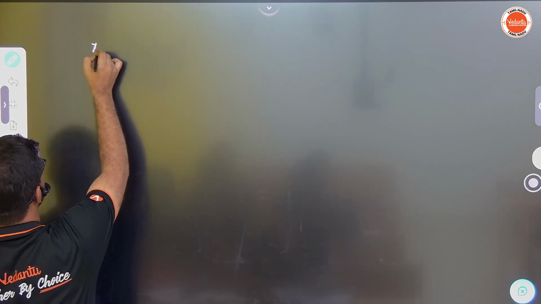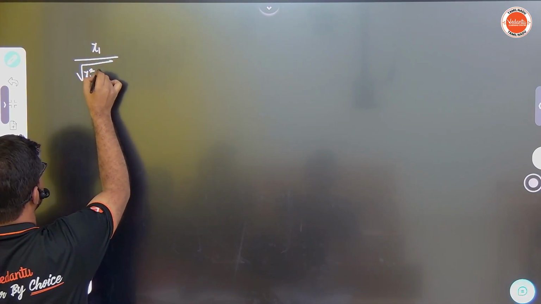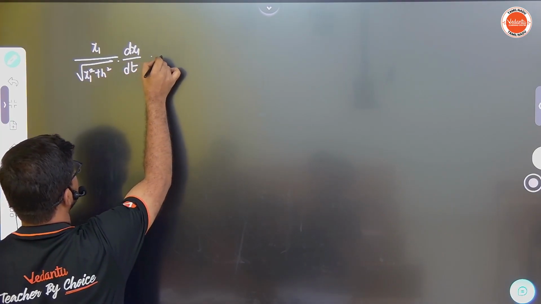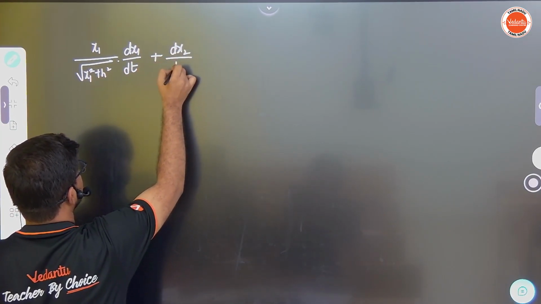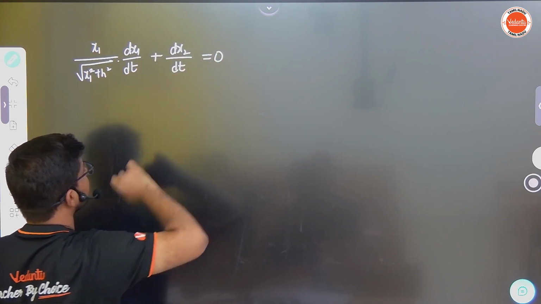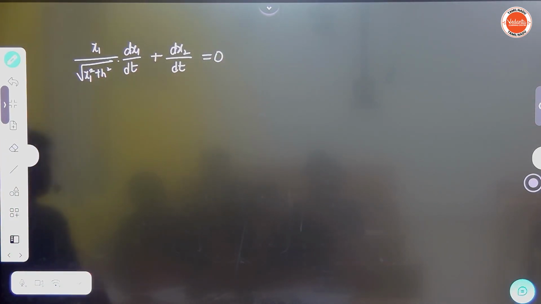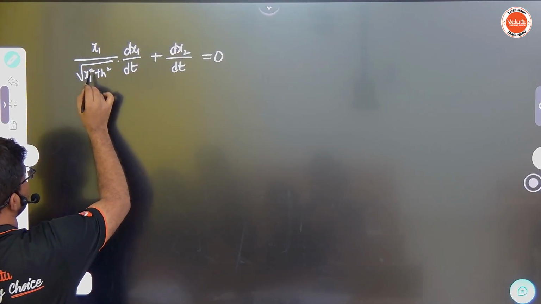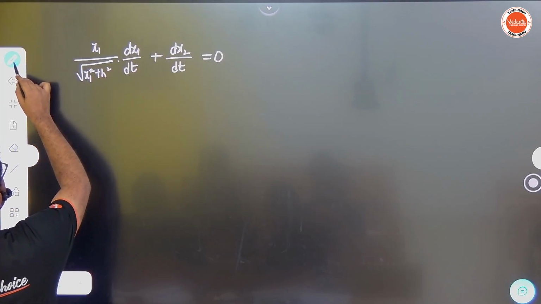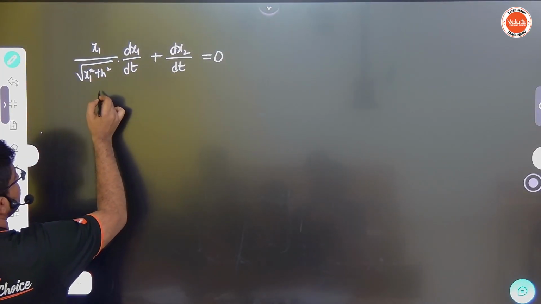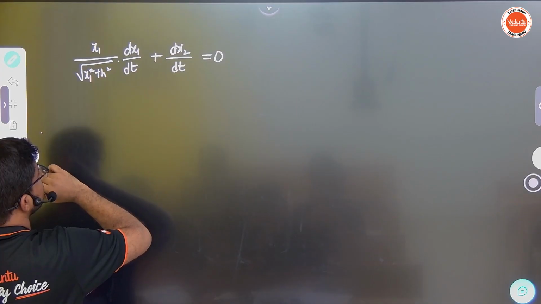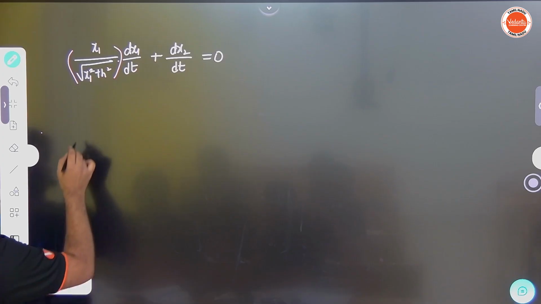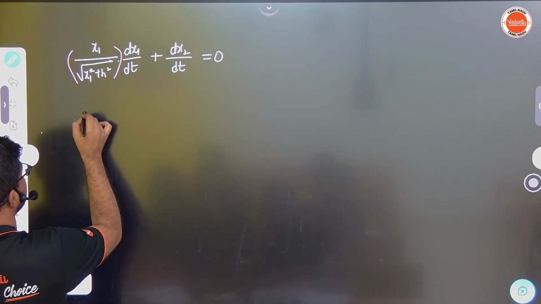The equation is x1 by under root of x1 square plus h square into dx1 divided by dt, plus dx2 divided by dt, equal to 0. Now the second differentiation. You have to differentiate this term also.